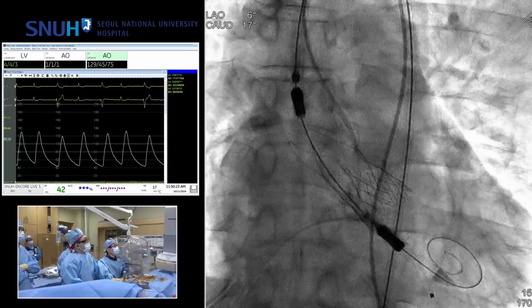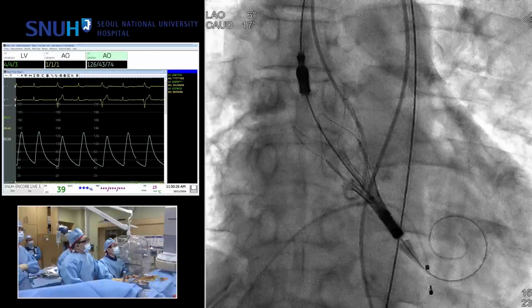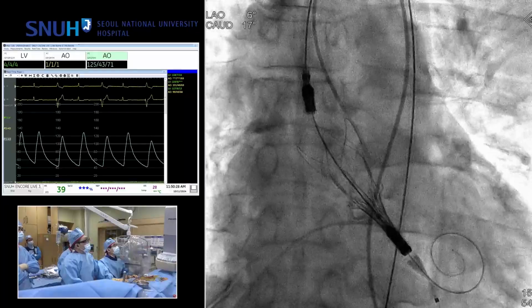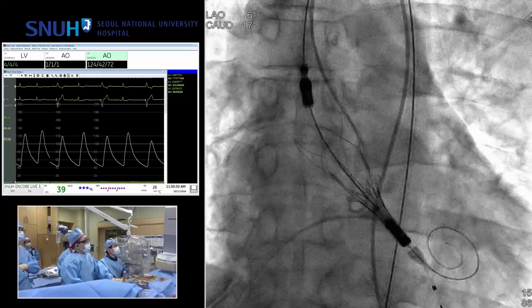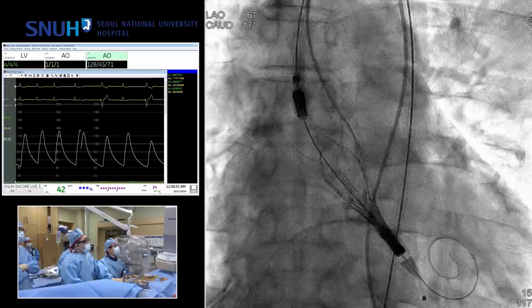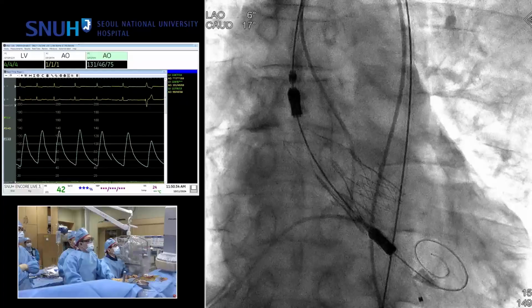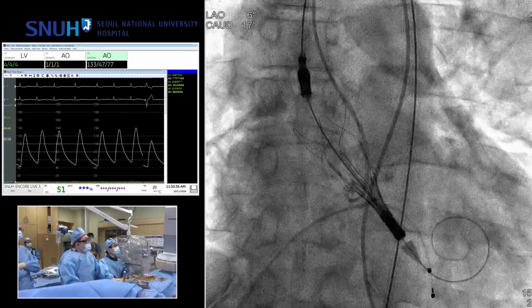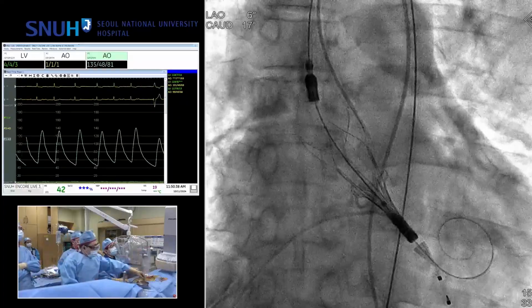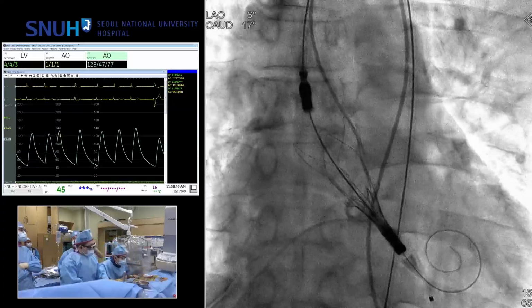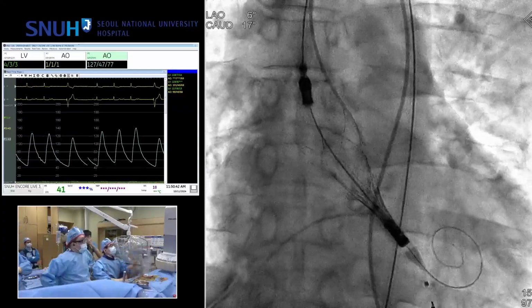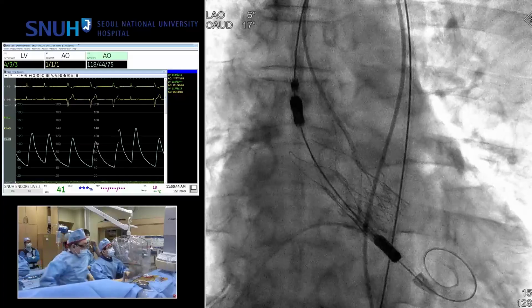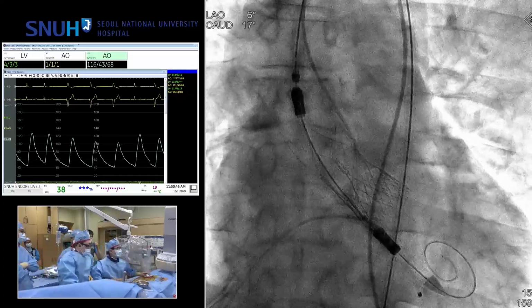In this view, the valve is well expanded, but the pig tail underlying the valve is heavily calcified, so the possibility of asymmetrical expansion is there. Here is a 4-3 block. Can you trace it? This is the Wenckebach. Do you agree? Okay, intermittent.